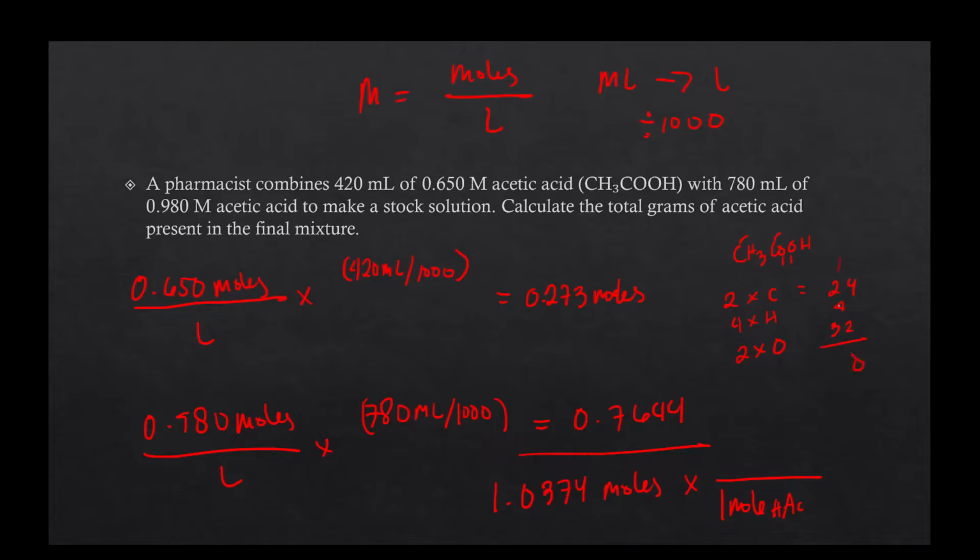Then 60 grams per mole times 1.0374. So it's 62.244 grams acetic acid. So here, first you have to get the moles from each liquid, then add them together, then convert the moles into acetic acid.